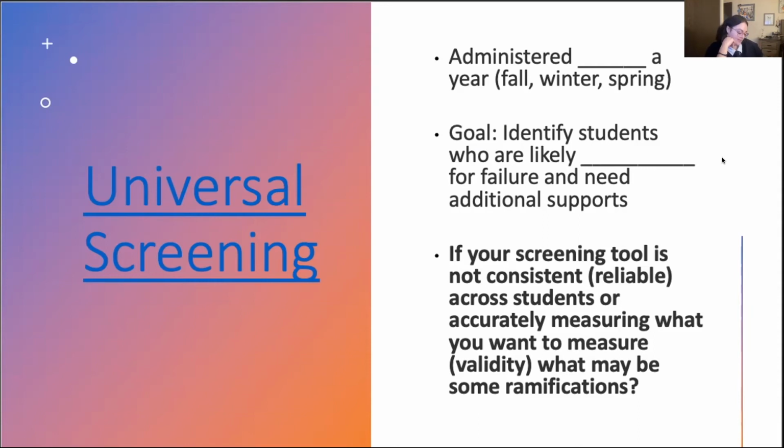A question to ask is, if the tool that you're using, the test that you're using, is not consistent, which is also another way to say reliable for anybody who looks at the statistics world, or is not accurately measuring what it's supposed to be measuring, that is validity in the statistics world, what are some of those ramifications?